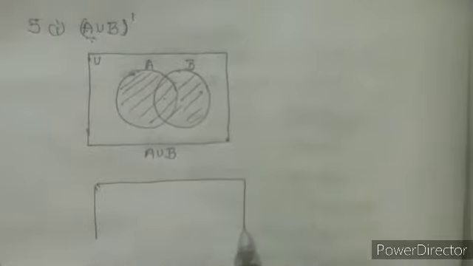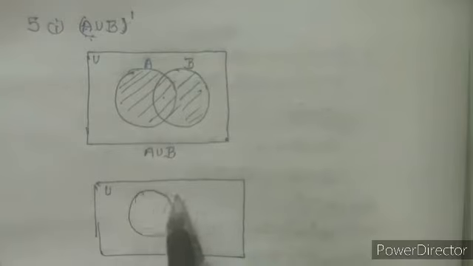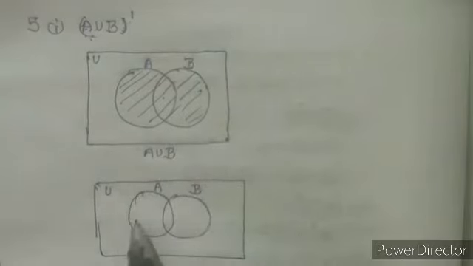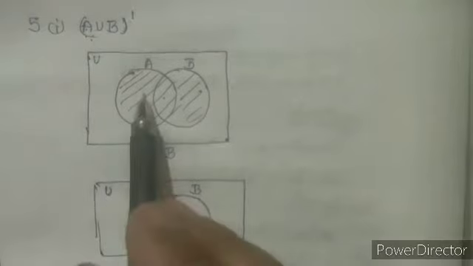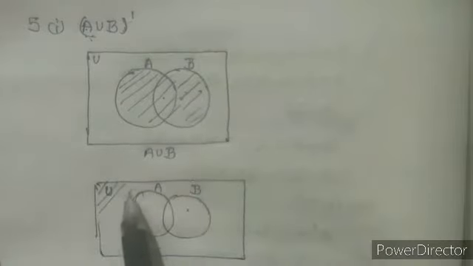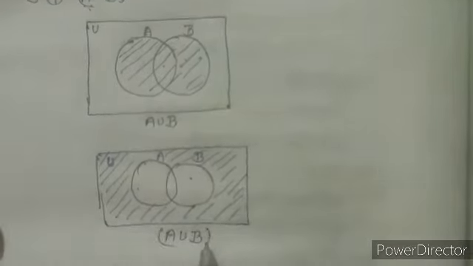Now (A union B) whole complement, this is set A and this is set B. It will contain all the elements of the universal set which are not in A and B. That means we shade the area which is not in A and B, and this will represent (A union B) whole complement.